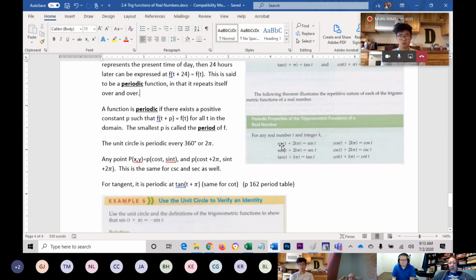Your sine and cosine repeat every 2 pi units, which you can think of as every 360 degrees. So t plus 2 pi k, where k is some integer, and your functions are going to repeat. Sine, cosine, secant, and cosecant repeat every 2 pi. Tangent and cotangent repeat every pi.